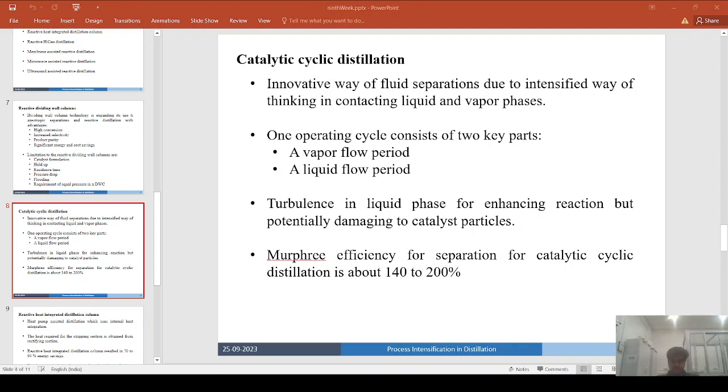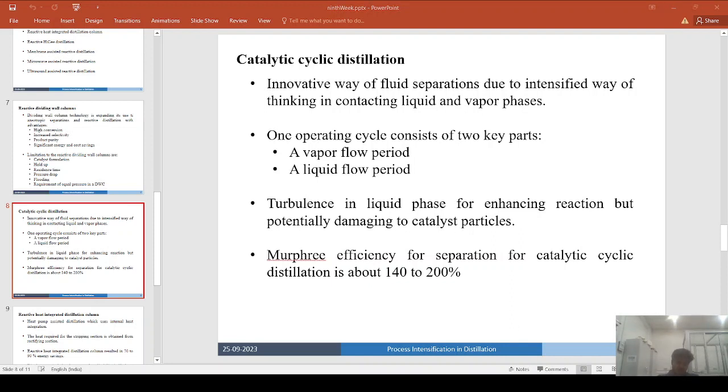Unlike the conventional operation, here you perform separate phase movement and also use a periodic operation mode to run in cycles to achieve better selectivity and yield.